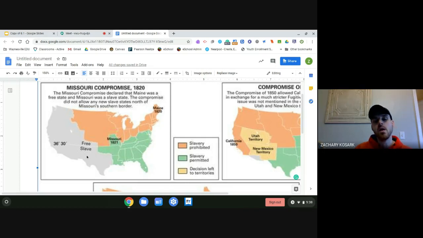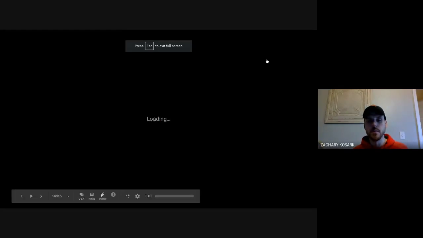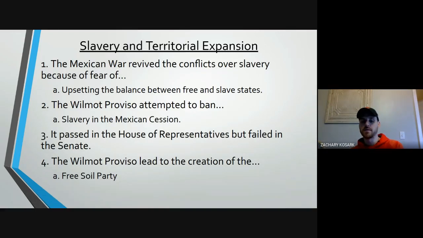They're basically saying all of this stuff, except for Texas, would be free area, no slavery allowed, which does not make pro-slavery people very happy. It passes in the House of Representatives, which is the first step, but then it also has to pass the Senate, which it fails.